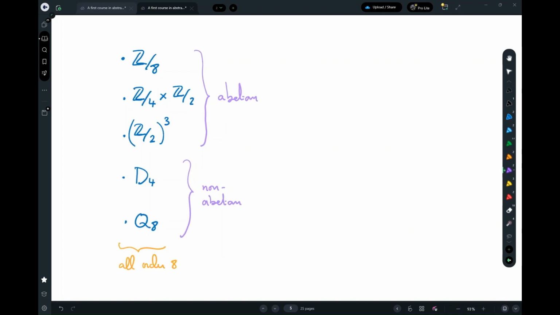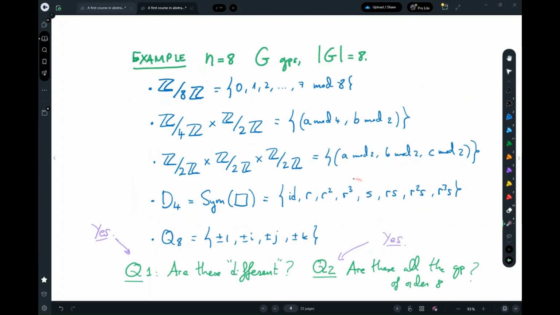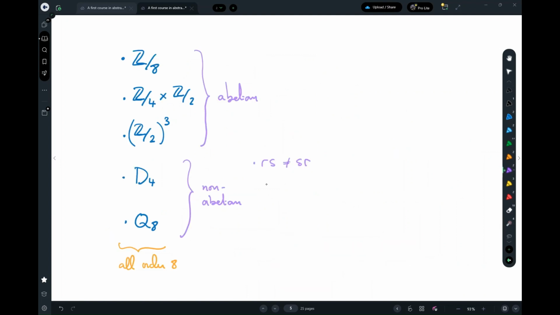D4 is non-abelian because, for example, RS is not the same as SR. Remember what the elements of D4 look like. This is a list of all the elements. SR is not here, but SR has to be one of these elements. So let's see which element is SR. SR is the same as SRS times S, because S times S is the identity. But remember that SRS is R inverse in a dihedral group.